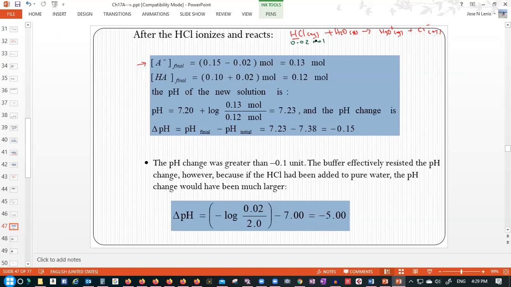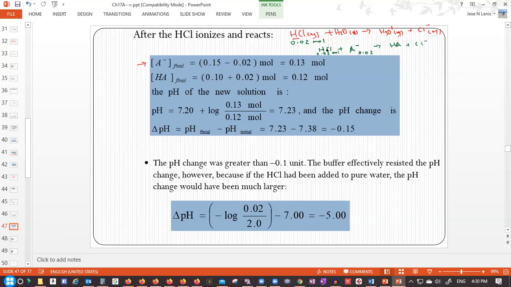What's going to happen? It's going to react, HCl plus your conjugate base, whatever you have there from the salt. Completely. This is a strong acid and it's going to react completely. So you have 0.02 moles of that, which will use 0.02 moles of the base to form the acid plus Cl minus.